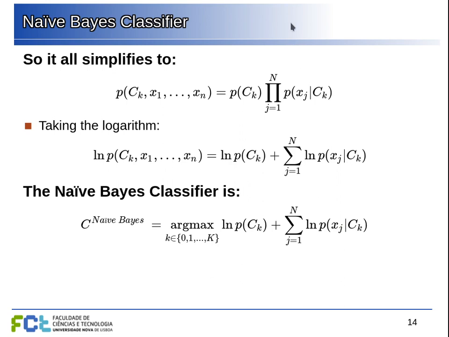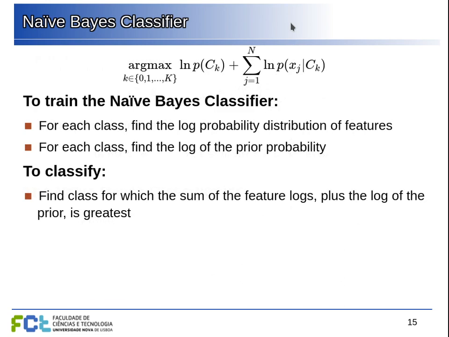So why does this become simpler? Because now we just need, for each class, to find the probability distribution of the features. And also for each class, we can find the prior probability of a point belonging to that class. And now we just compute this for each point to classify and choose the class with the largest one.